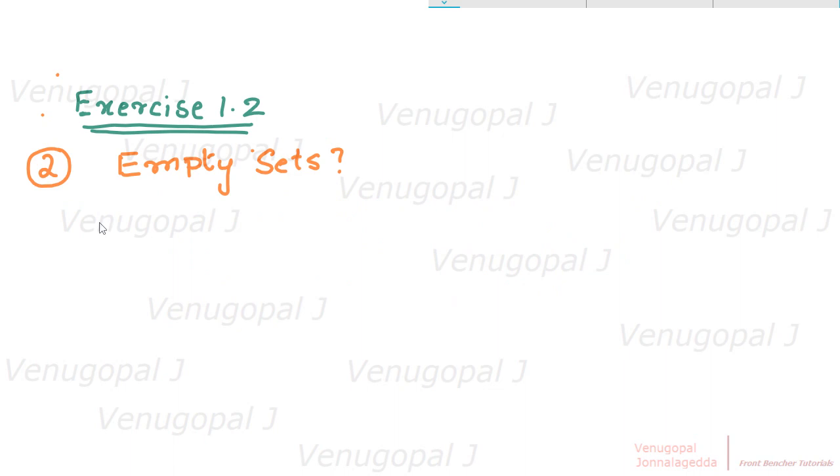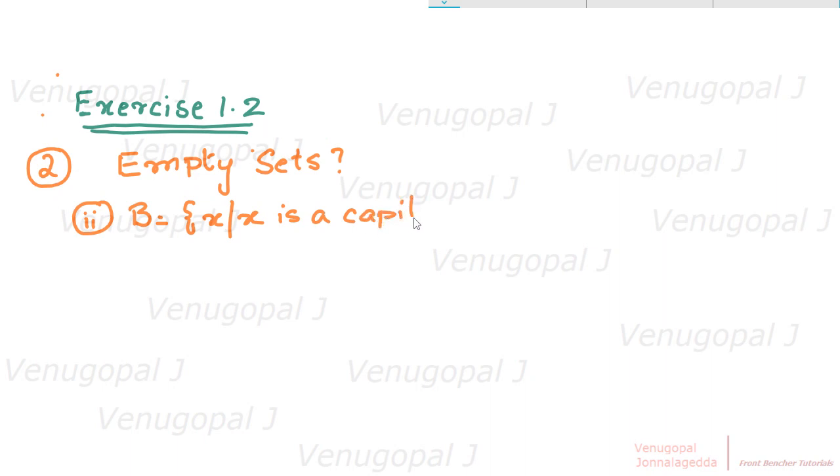Now let's attempt the second question in exercise 1.2, where we are trying to find out which of the following sets are empty sets. The set B is equal to the set of X such that X is the capital of India.